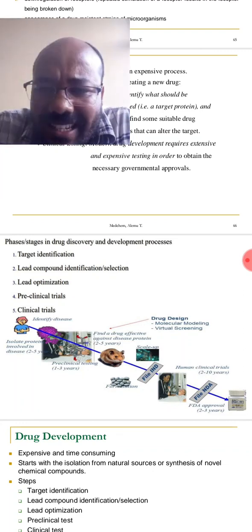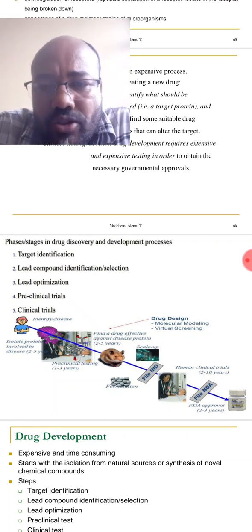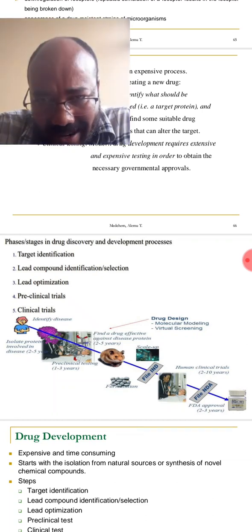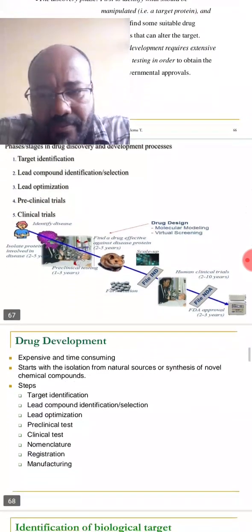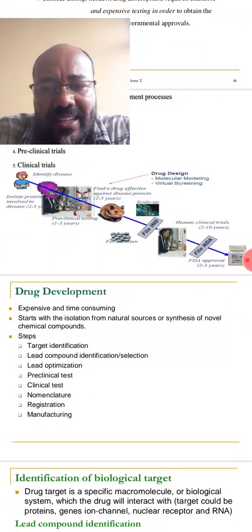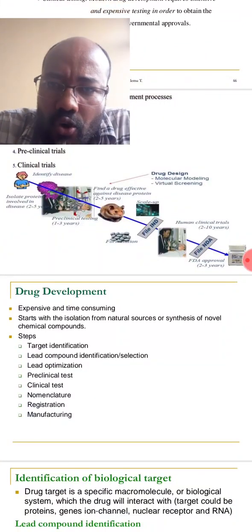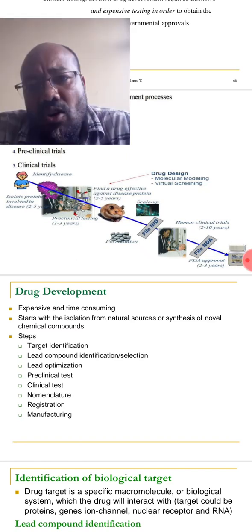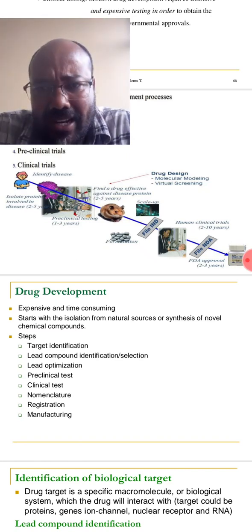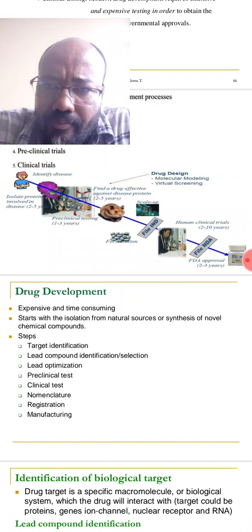After lead optimization, we pass into another stage called preclinical trial on animal models. The fifth one is clinical trials. Then after clinical trials, we have nomenclature, registration, manufacturing, marketing. These are the common stages, mainly in medicinal chemistry and other books.